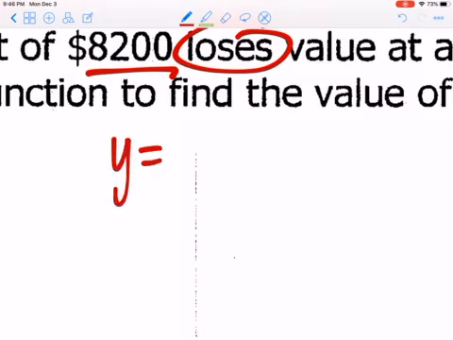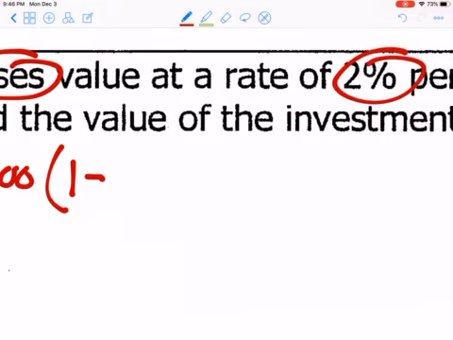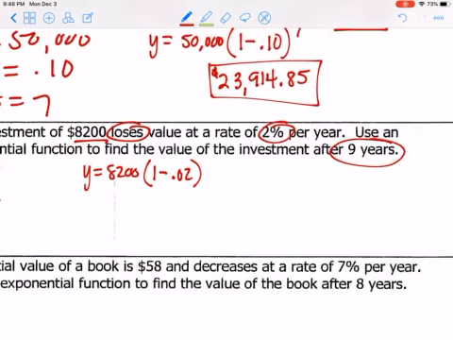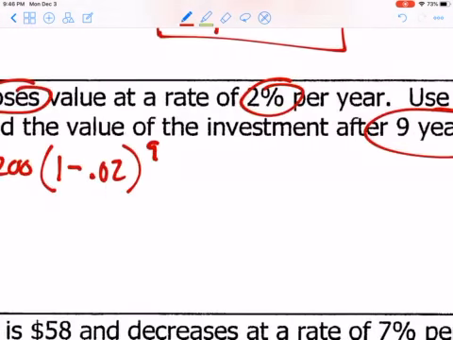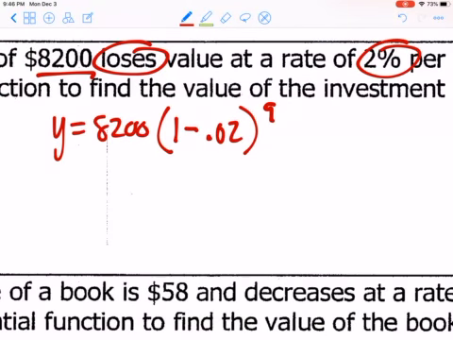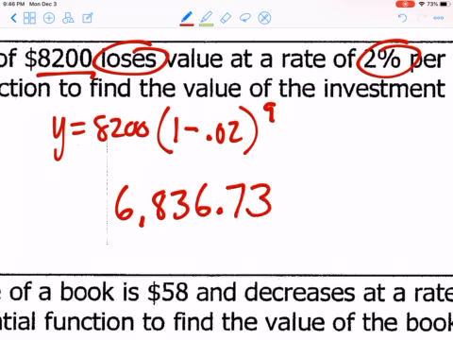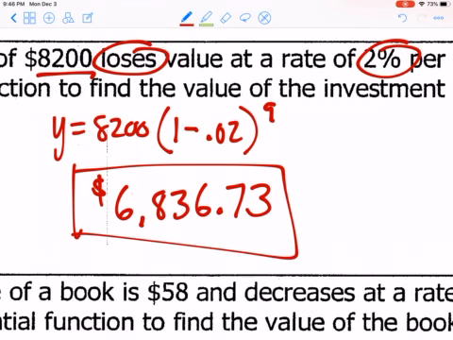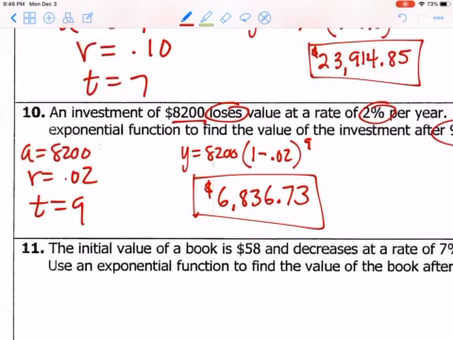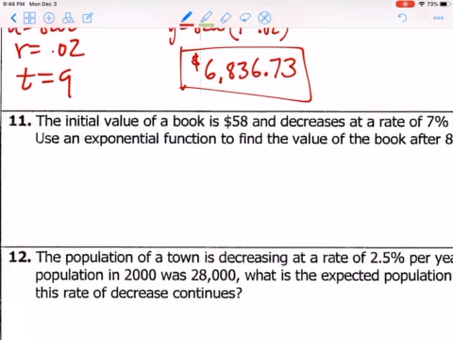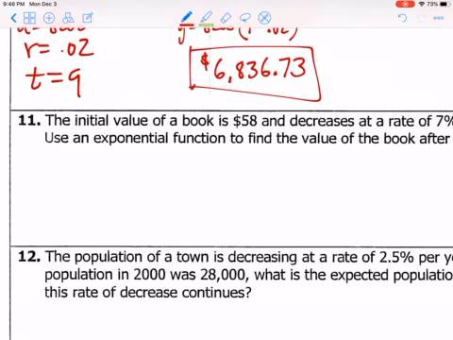So Y equals 8,200 times 1 minus 0.02 raised to the 9 years. We put this in, we're going to get $6,836.73. So all these things, investments, cars, they all lose value, if sometimes.